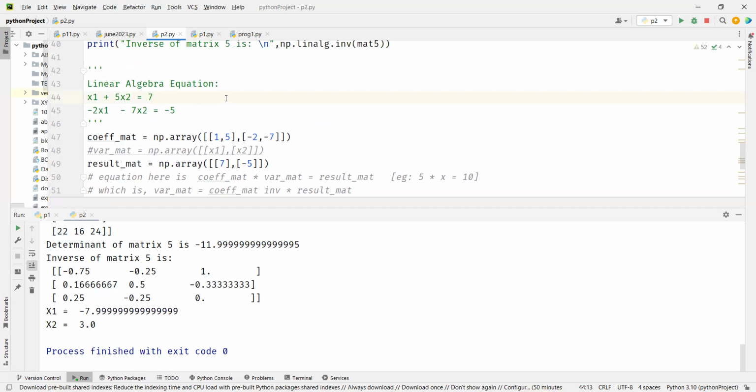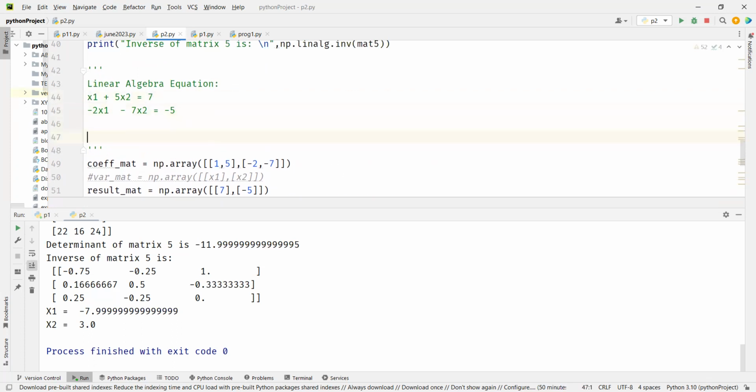Okay, so we are saying x1 is -8 and x2 is 3. Okay, so x1 -8 plus 5 into 3, 15. -8 plus 15, 7, correct?